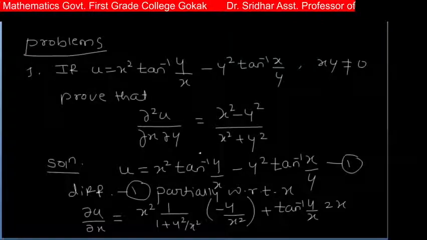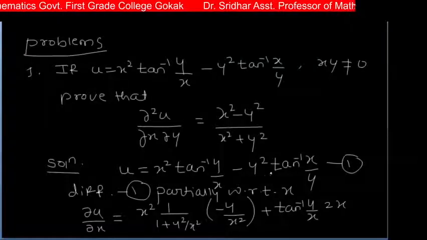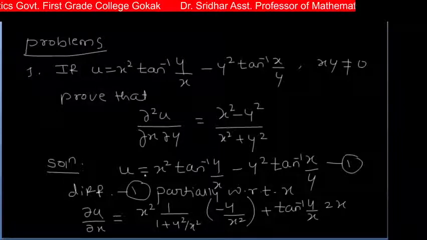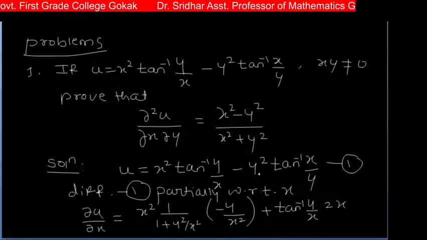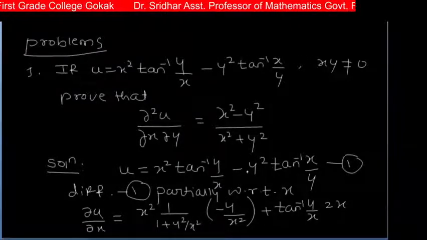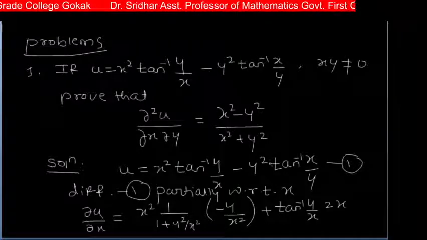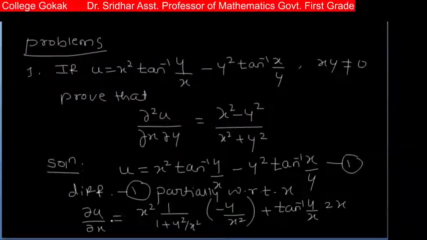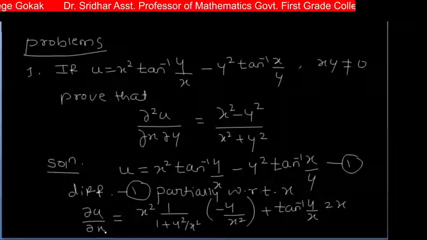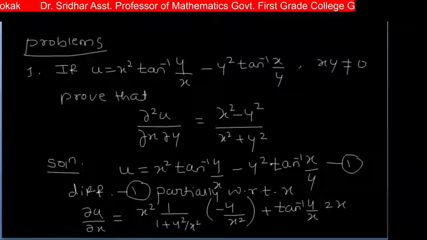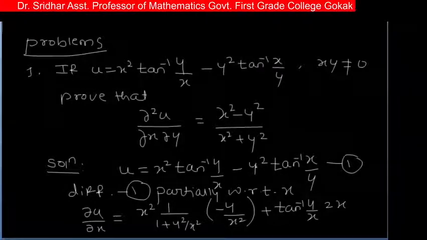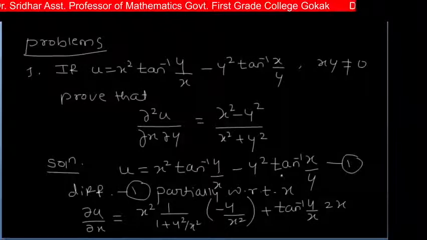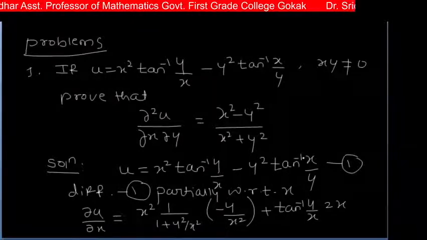Now in the second term, observe here, we are differentiating with respect to x, so y is constant. Therefore this y square we write as it is. We don't differentiate y, because we are differentiating with respect to x, so we take y as constant. So keep y square as it is, only differentiate tan inverse of x by y.